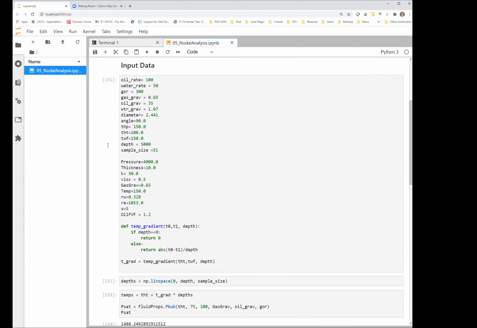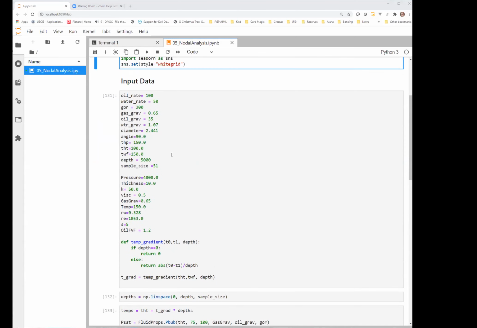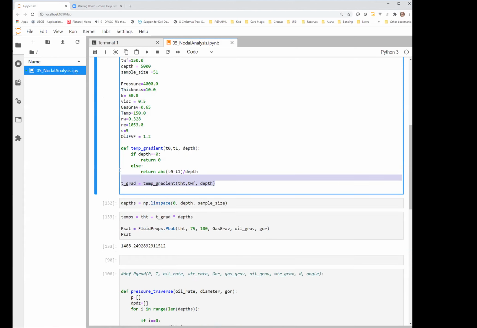Okay, the input data is very similar to the same type of information we did last time. It's not real data, it's just data I invented. Let me refresh you that we created this very simple function for the temperature gradient. It's just a way to input temperature gradient for different depths.